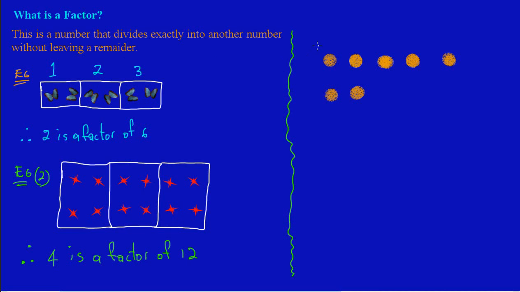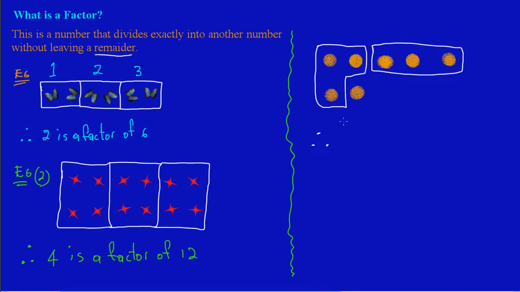So let's divide. This is one set of 3s, so that's 1, 2, 3. That's one set of 3s, and this would be another set of 3. But when you look here, I have 1 left over. So since when I divide 3 into 7 I have something left over, the something that I have left over is called our remainder.